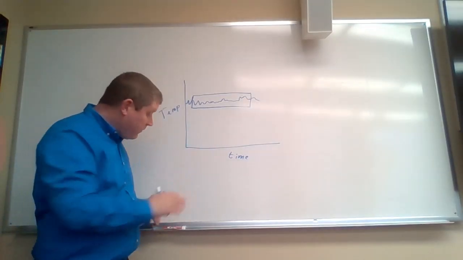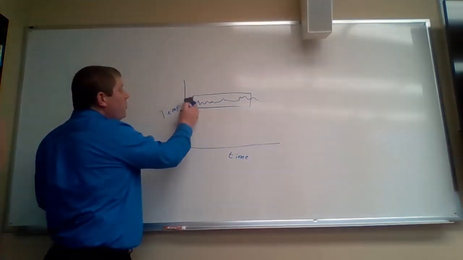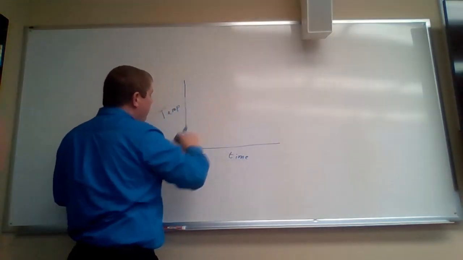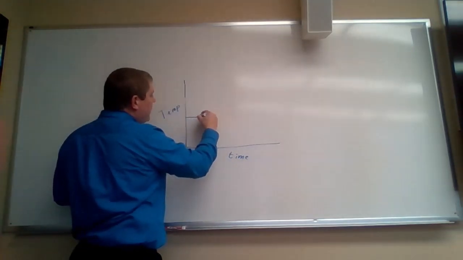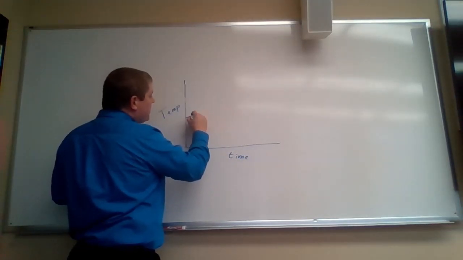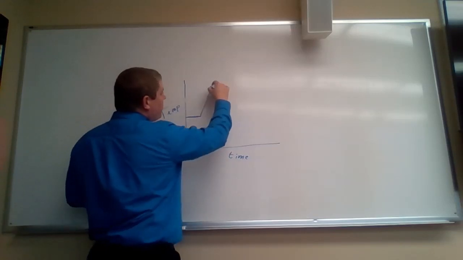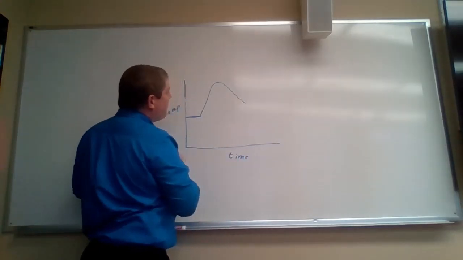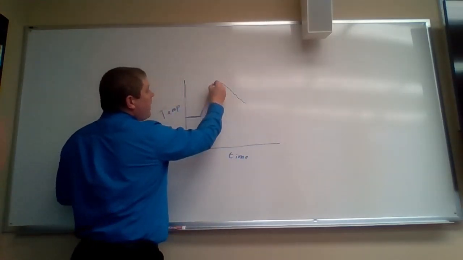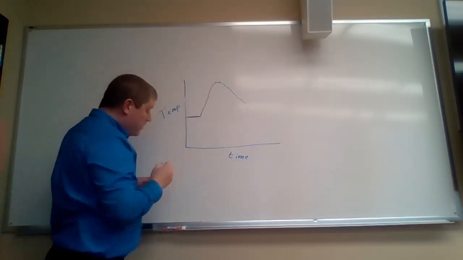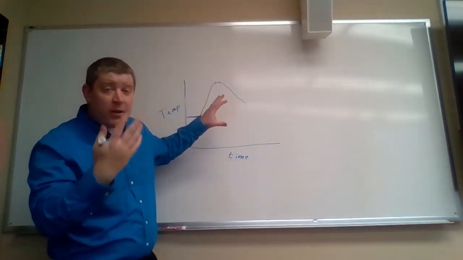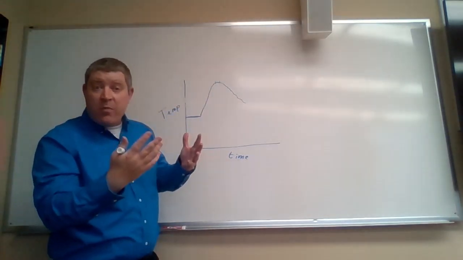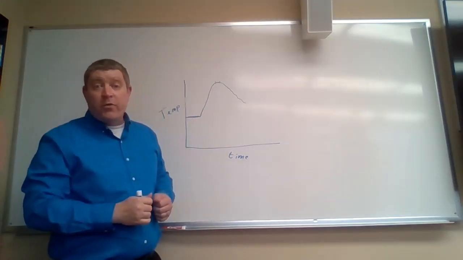So be aware, if instead of having a smooth curve like this, or a flat curve like that, rather, you have, say, an initial temperature and then it goes up to some maximum and then starts to come down again, you'd want to average out over what looks like pretty darn close to the maximum temperature, but not necessarily the maximum temperature if that point is the result of noise.